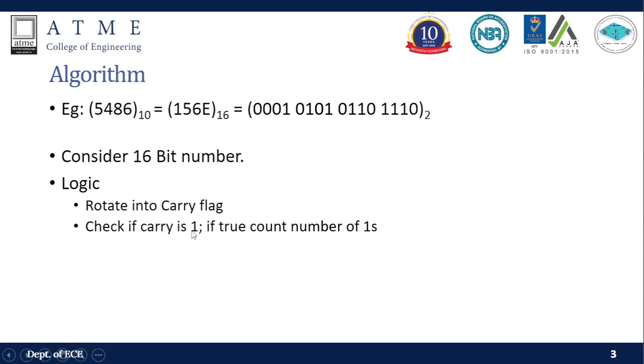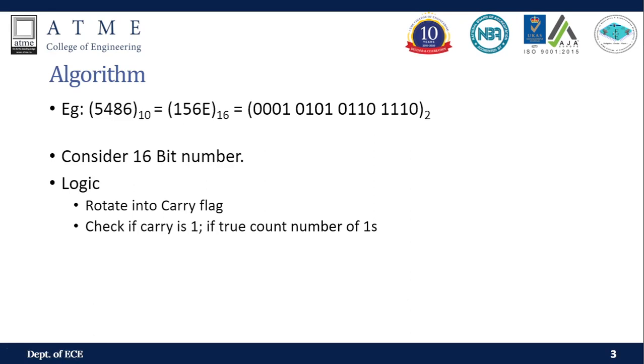Now, if a 1 is coming into the carry flag, then that correspondingly has to be taken into count. That is, how many times a 1 turns up in the carry flag, that will have to be counted. And how many times you don't have a 1 in the carry flag, that is also counted.